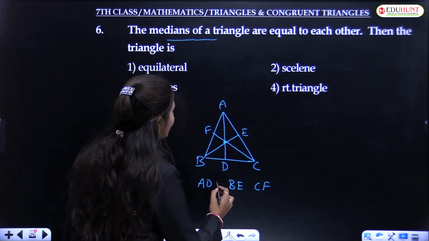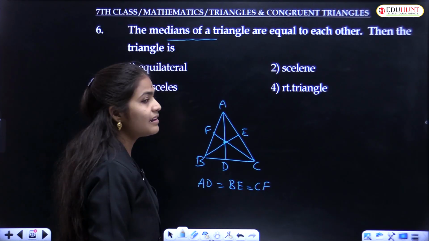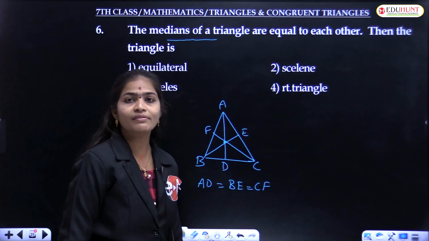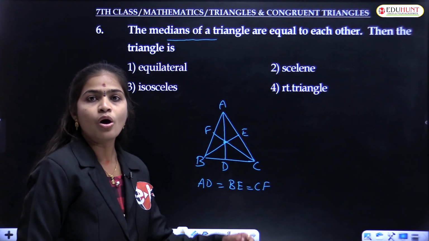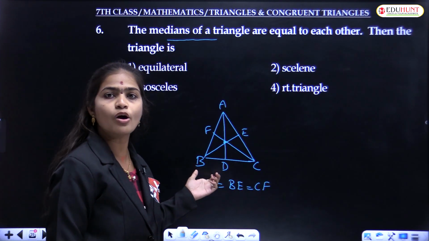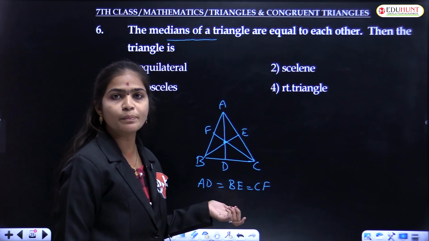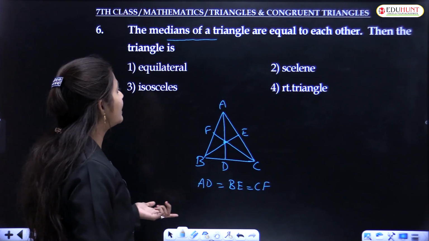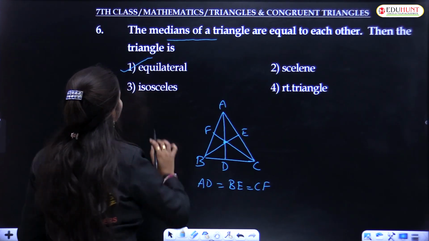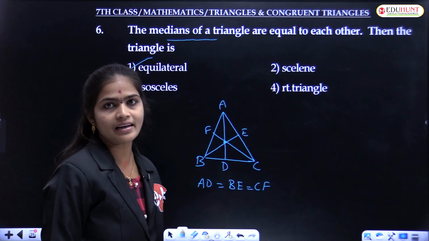Those 3 are equal to each other. Then the triangle is equilateral, because in which triangle can we say that all the sides are equal as well as all the medians are equal? It is possible only in an equilateral triangle. So here the answer is equilateral triangle.